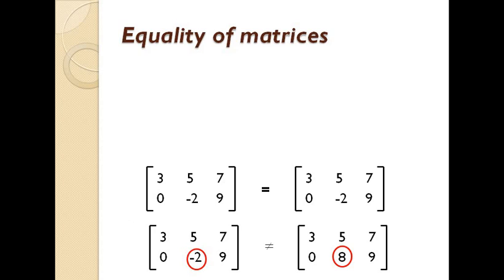Now equality of the matrices. Many times we will need to find out whether two matrices are equal or not. So if we want to find out if both the matrices are equal or not, how will we find out?